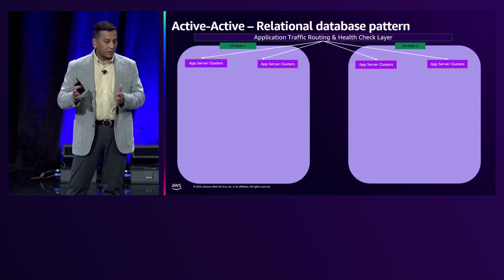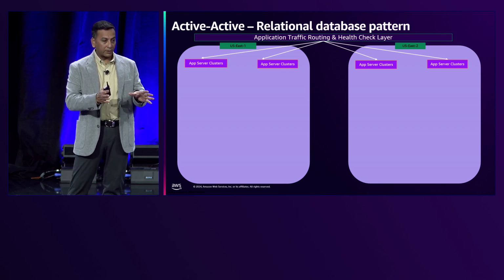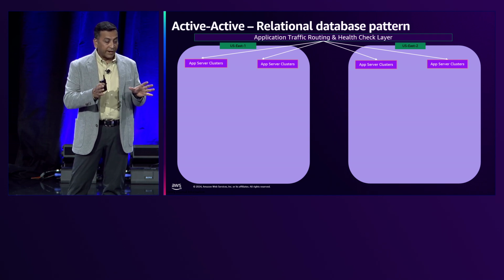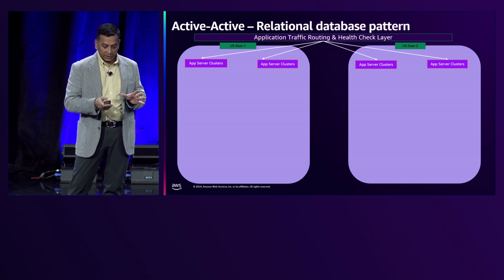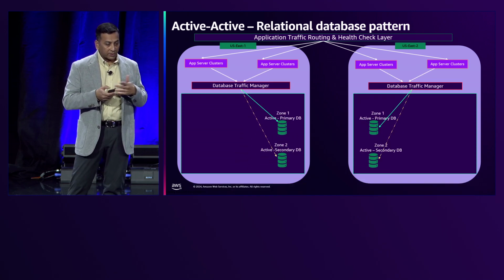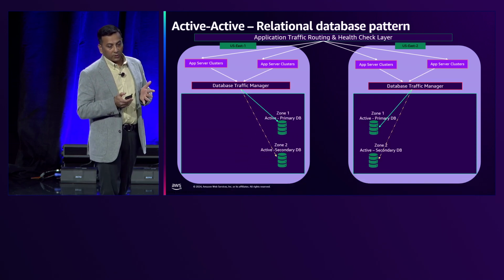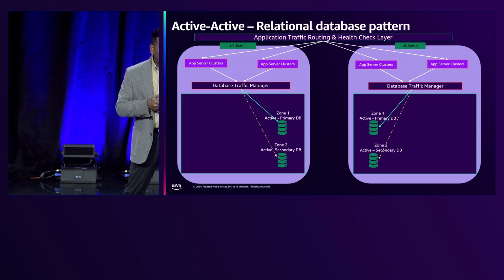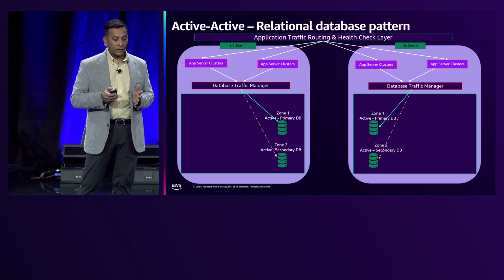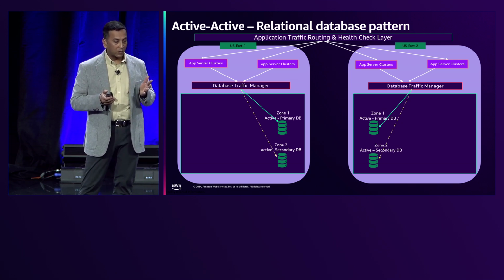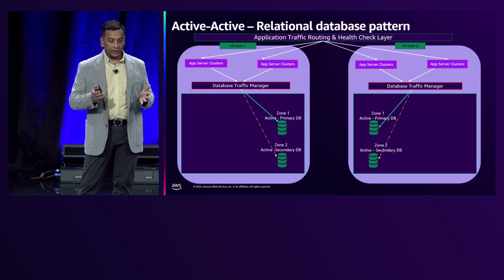So when we started the journey, we embarked on this active-active pattern, which made sense for us to meet the tier rating requirements. This is deployed across 2 regions. You have the app server clusters, we run Kubernetes, and then you have the load balancer. As you can see, we have two primary databases in East 1 and East 2.